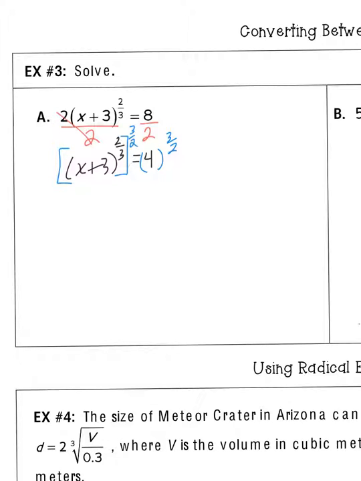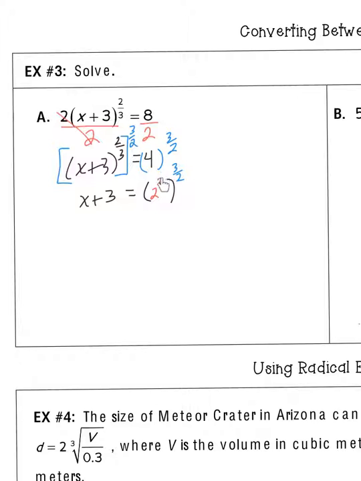So then that means on the left, I've got x plus 3, and on the right, I prefer to take this 4 and put it into its power form. Remember that there are 2 2's in 4, so I'm going to replace that 4 with 2 squared, because that's the same thing as 4, and I'm still going to raise it to the 3/2.